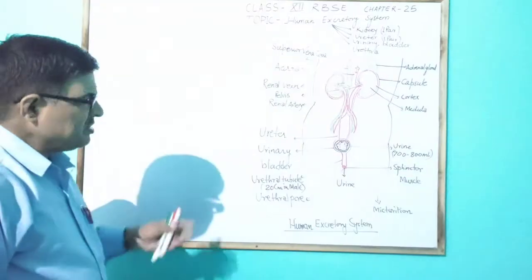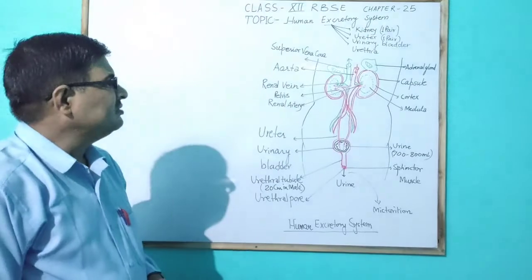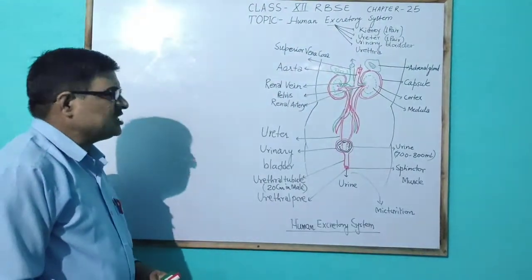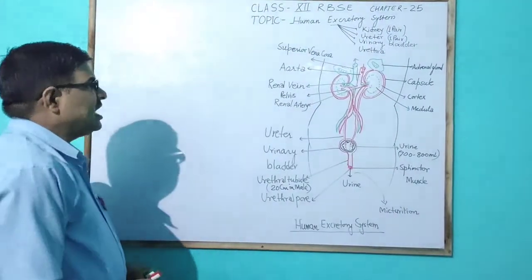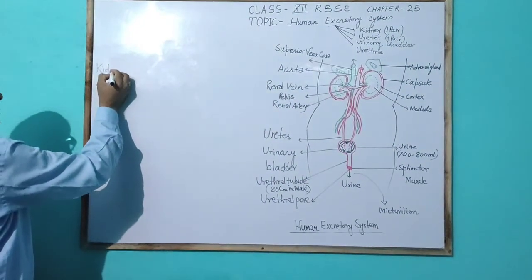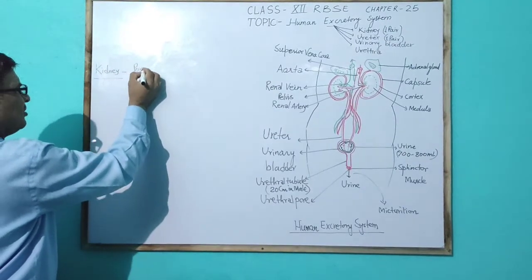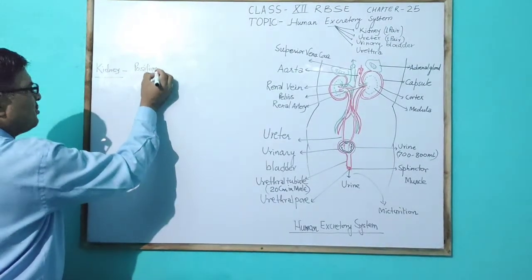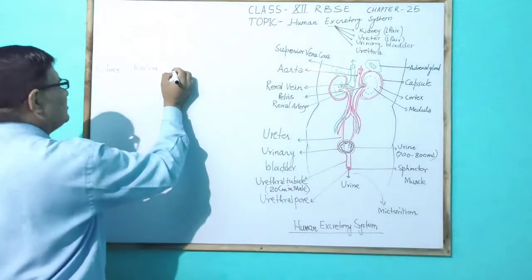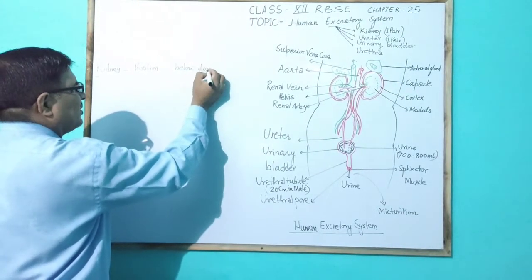Here I will discuss one part of the human excretory system, which is called the kidney. The position of the kidney is below the diaphragm.